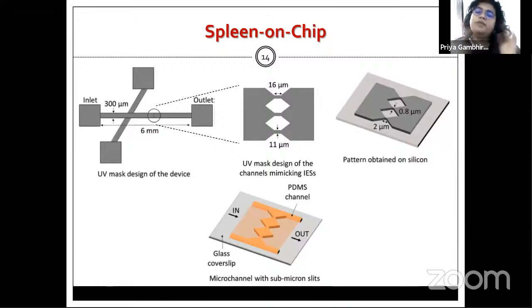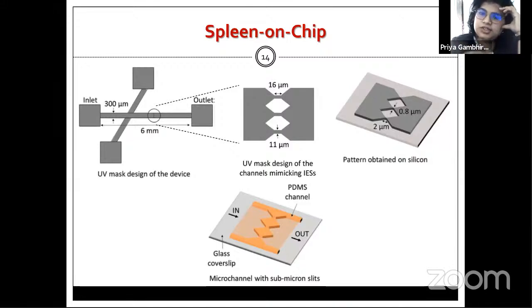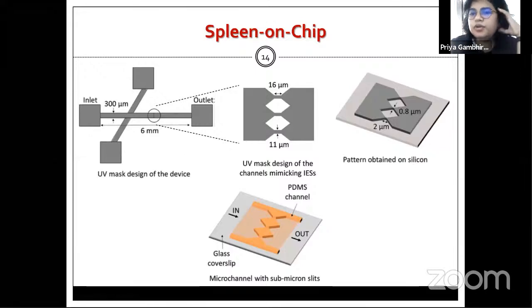I had to do a lot of experiments to fix the initial dimension so that I knew the rate at which KOH is dissolving silicon oxide. Therefore, if I put this device for 10 minutes in KOH, in the end I'm going to get the right channels. So that was one part of the device fabrication, which was a little non-trivial, which had to be worked with.